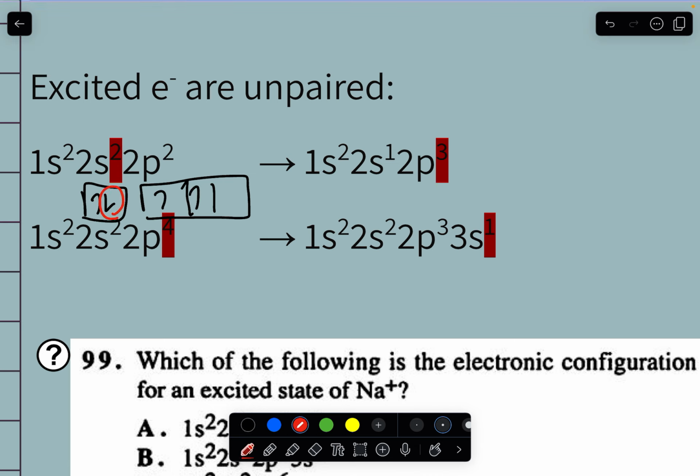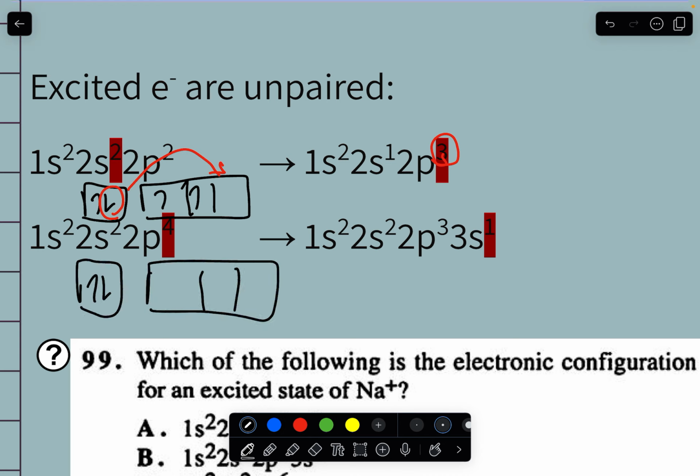So that last paired one is going to go to the next available position. That's how you get that 2p3. Same thing down here, 2s2, 2p4, right? The last paired electron is going to go to the next available position, which in this case is going to be a new box, the 3s. That's how you get a 3s1, okay?